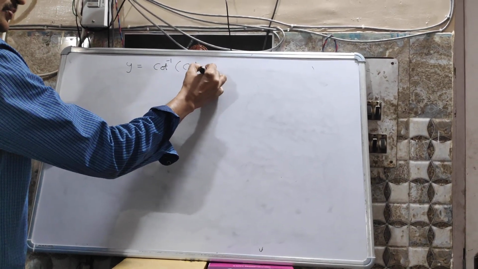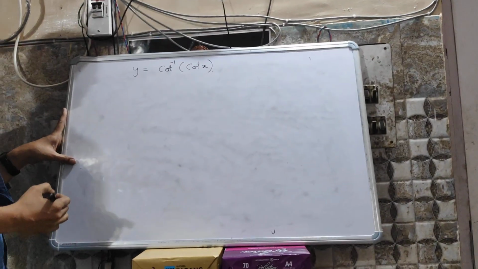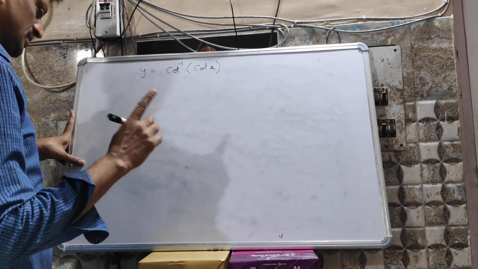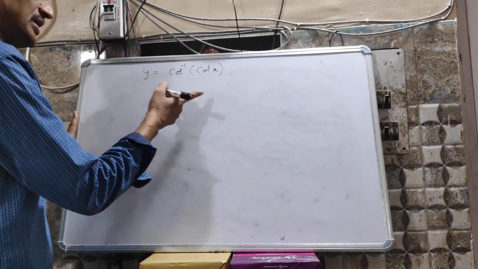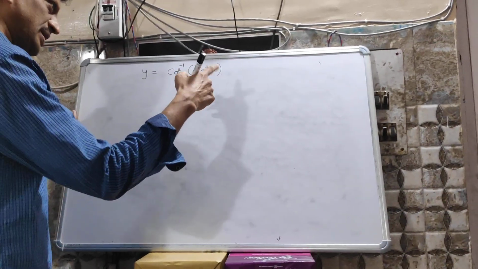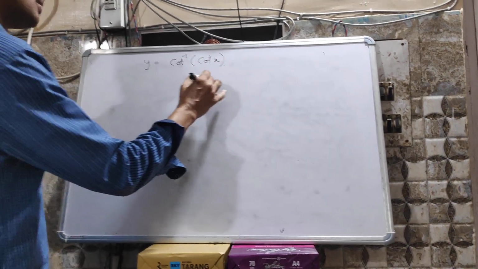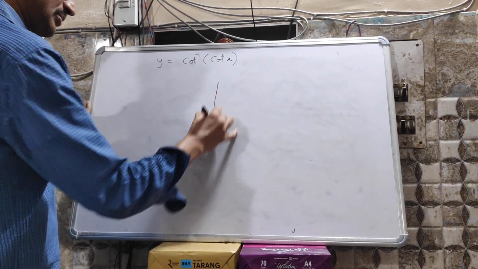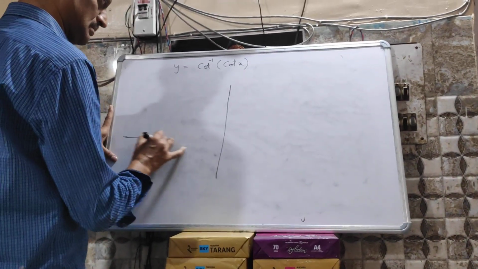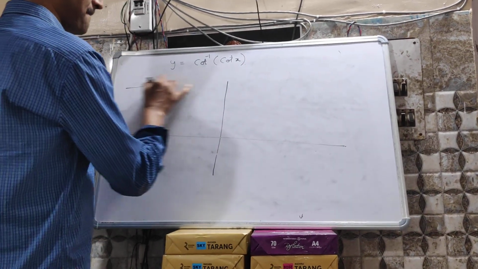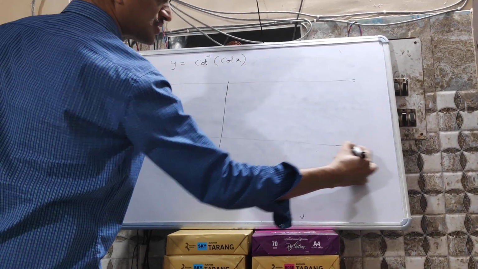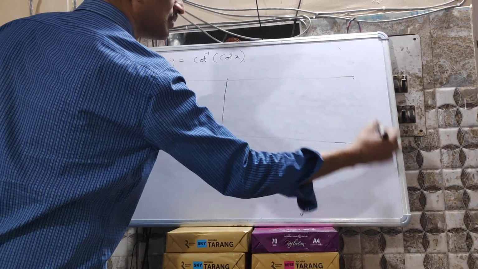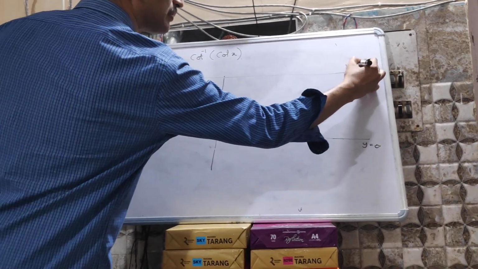You know the principal domain of cot x is the open interval 0 to pi. So in the open interval 0 to pi, again y equal to x, meaning the principal domain and range are both the same. So once again I am drawing. This is y equal to 0 and here y equal to pi.